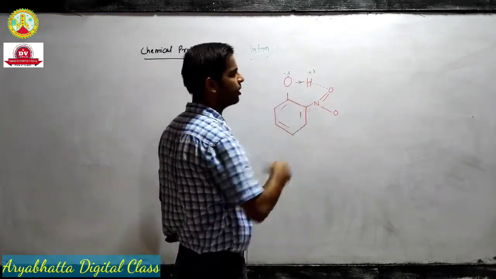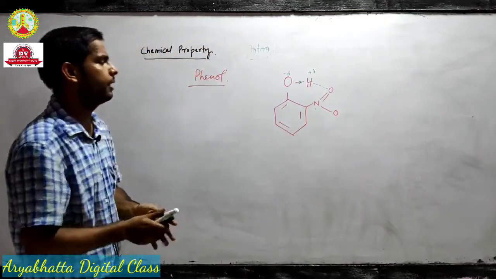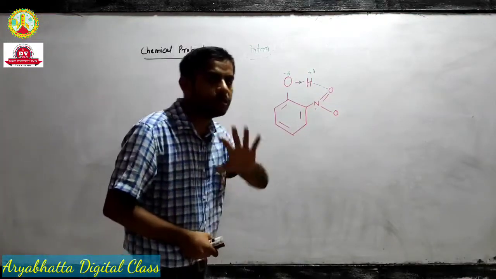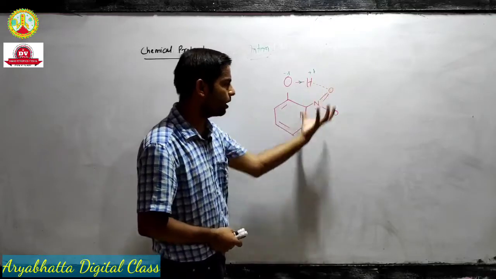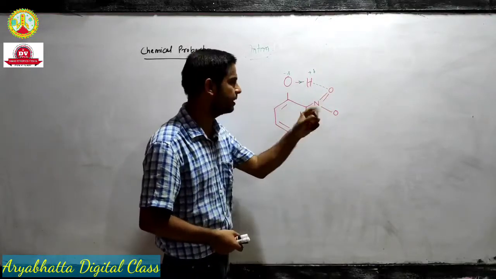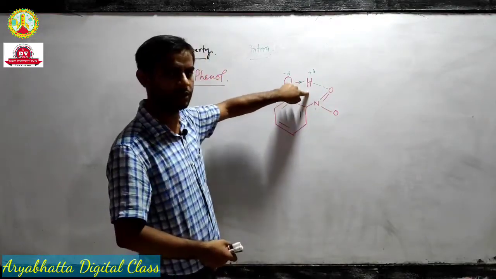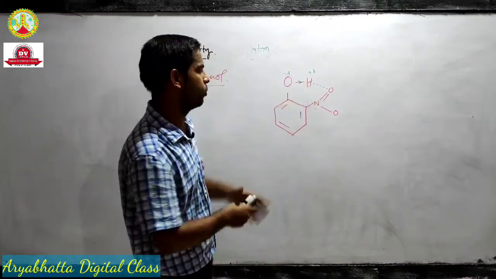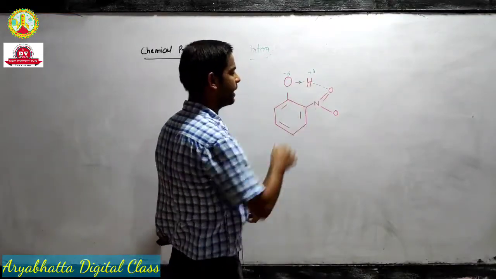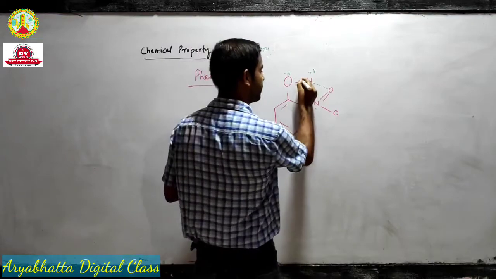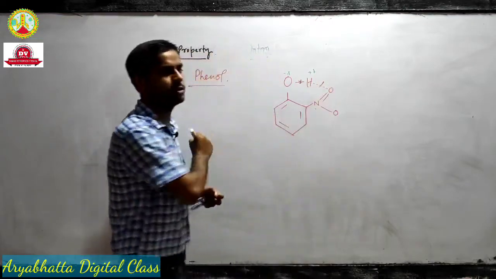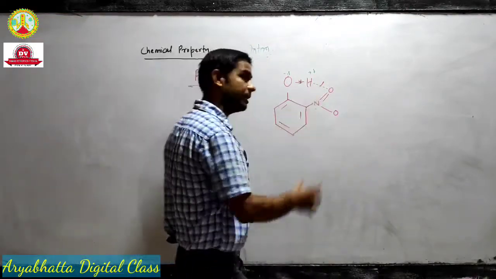So this hydrogen bond will do what? Now see, what do you mean by acidity? In order for this molecule to behave as an acid, we must remove this hydrogen. Now, in this molecule, to take out this hydrogen, you have to break this as well as this hydrogen bond also. Now, this hydrogen bond is extra.